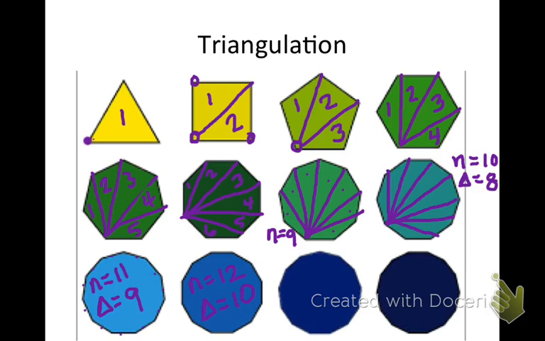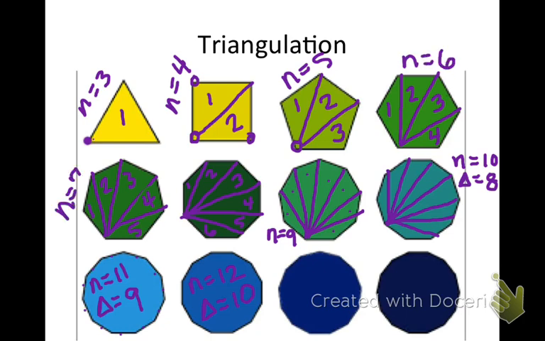So what you're going to start noticing is this pattern in relation to the number of sides. Back up at the triangle, we had n equal to 3, one triangle, n equal to 4 in the quadrilateral, n equal to 5, n equal to 6, n equal to 7, and n equal to 8. Down here, n is equal to 13, and here n is equal to 14.